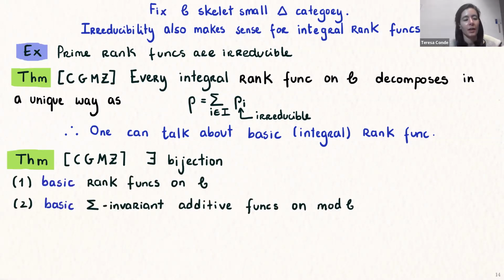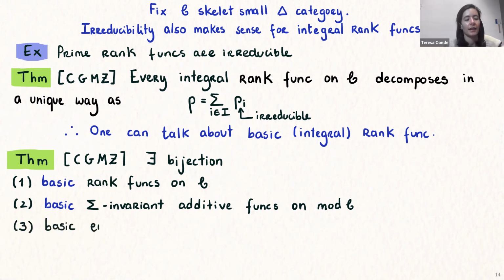So first, we get a bijection between basic rank functions on C and basic sigma-invariant additive functions on small mod C. This is simply our translation result, the one we have seen before, restricted to integral basic rank functions.